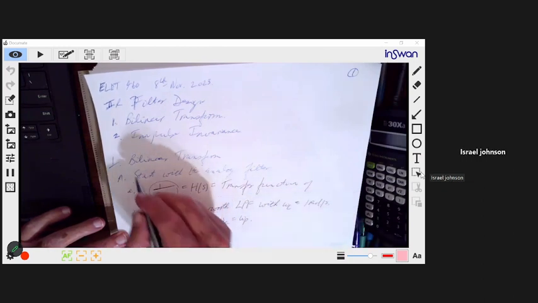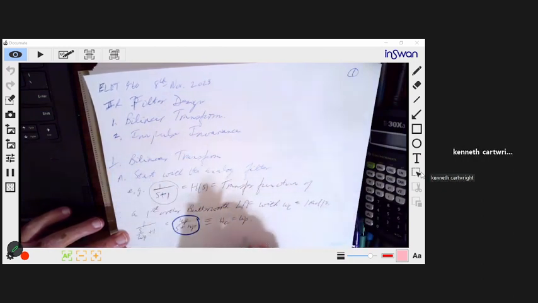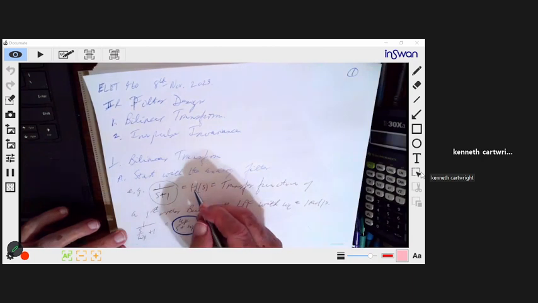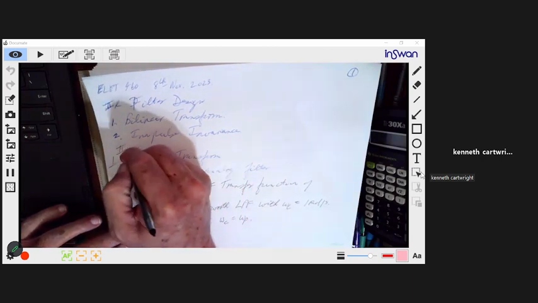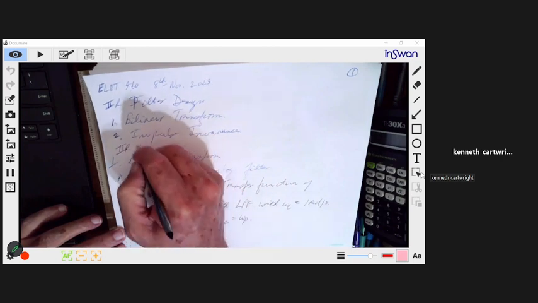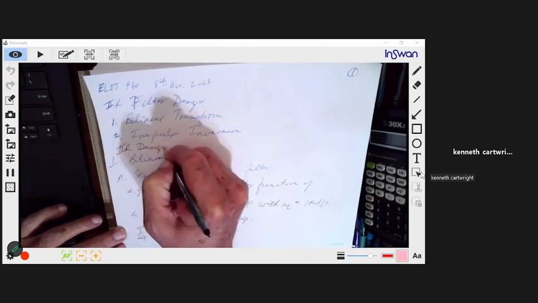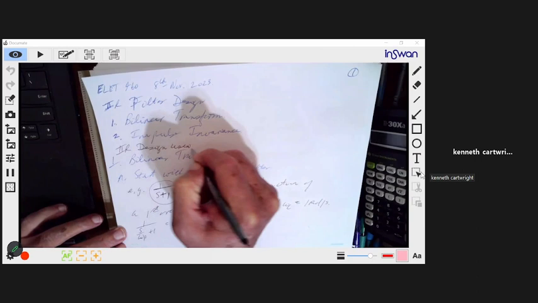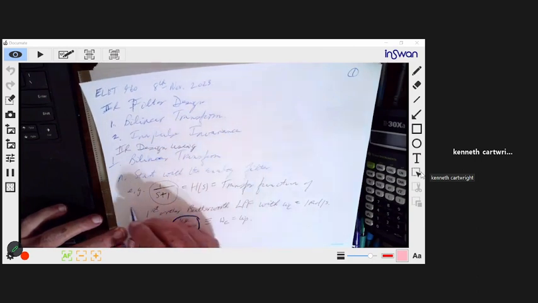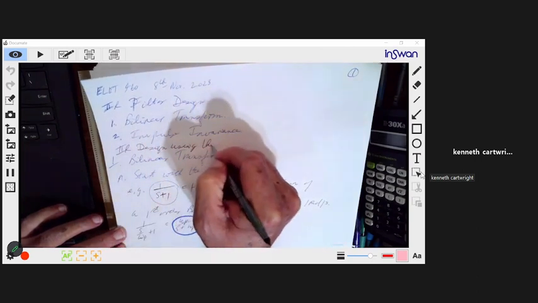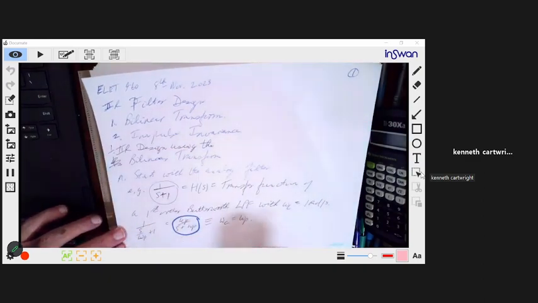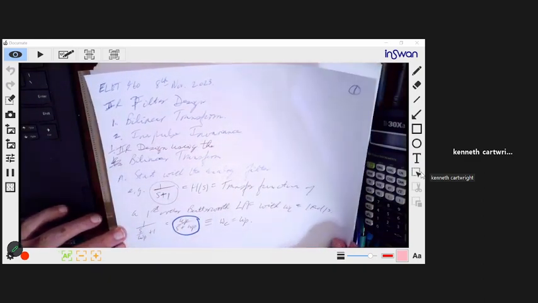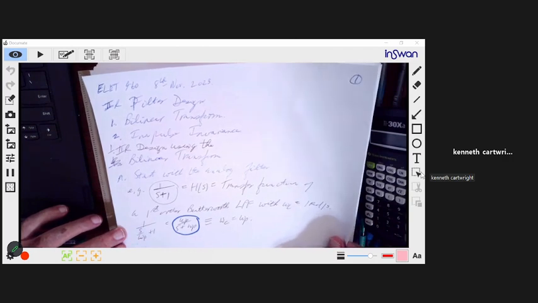This should really be called design using the bilinear transform. That's a better title. Okay. Everybody got it? Yes, sir.